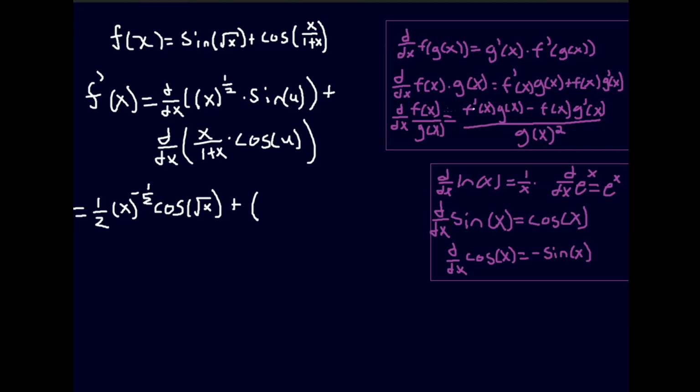Plus the quotient rule. So the derivative of x is just 1, multiplied by 1 plus x, which we keep on its own. Minus, we then leave the x on its own, and we differentiate 1 plus x, which is 0 plus 1, all over 1 plus x squared.